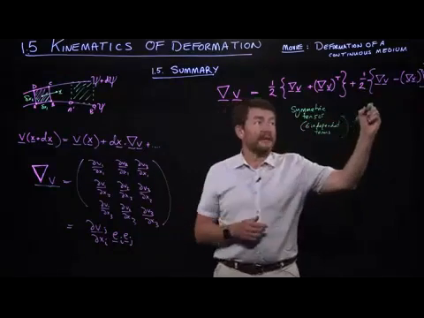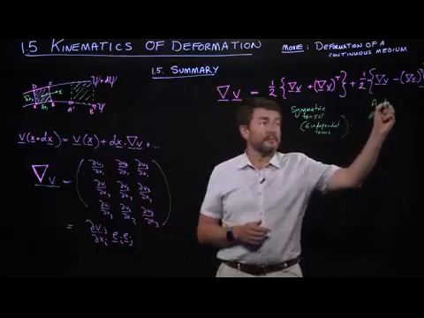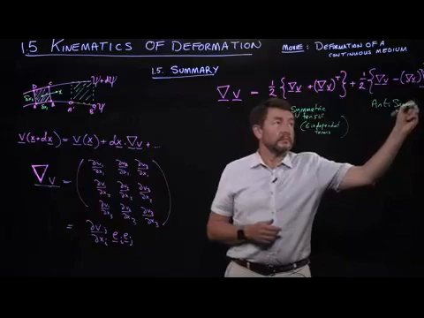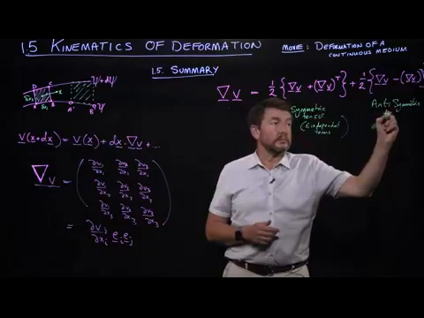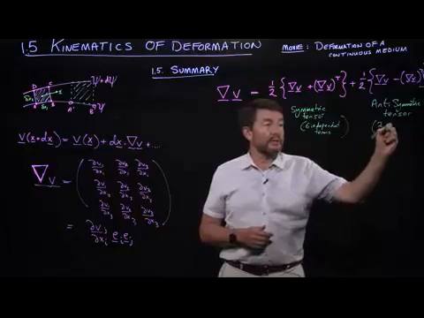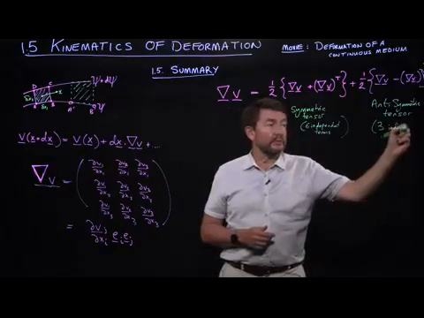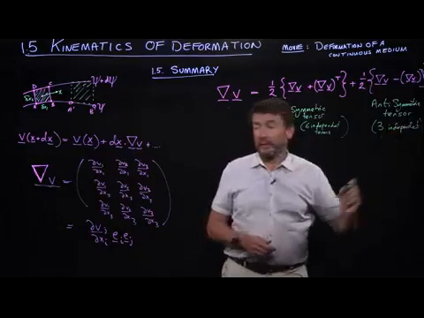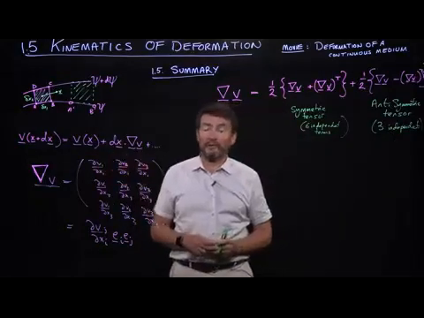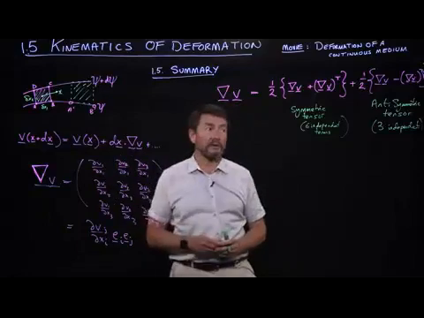And then this is an anti-symmetric tensor. Which has at most 3 independent terms. Because along the diagonal, the only way a number can be equal to minus itself is going to be if those terms are 0.